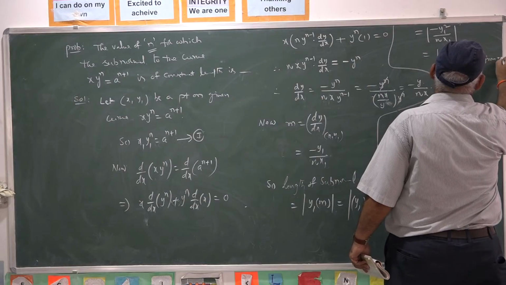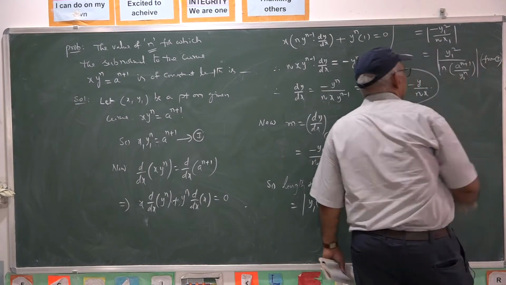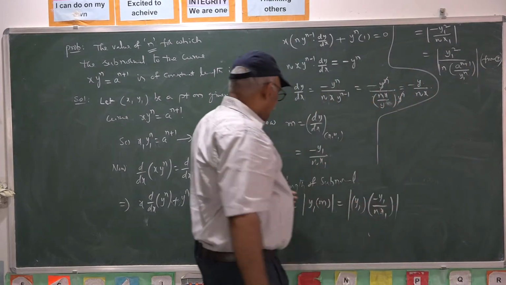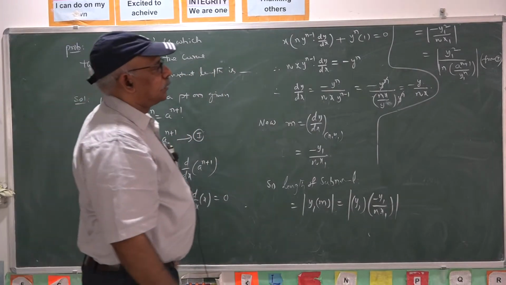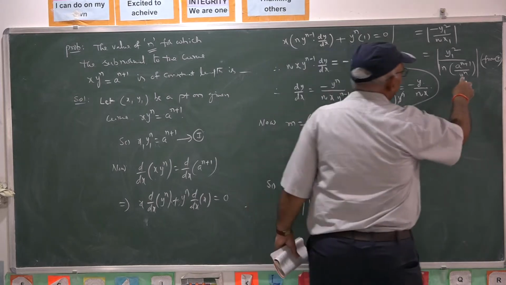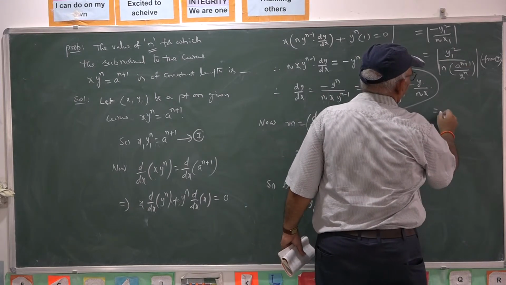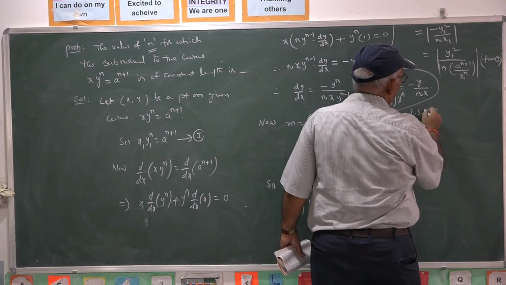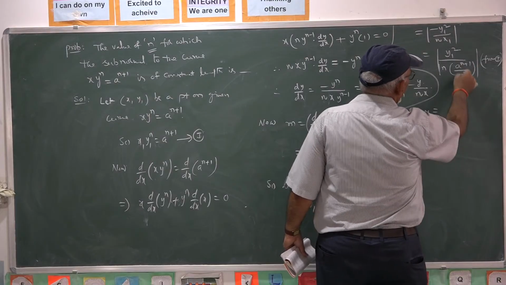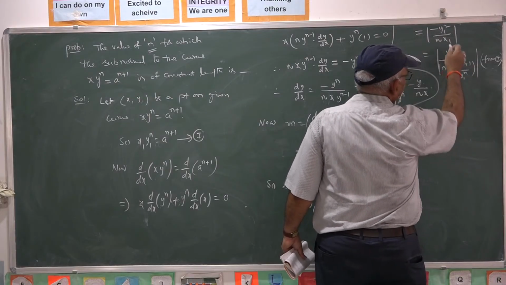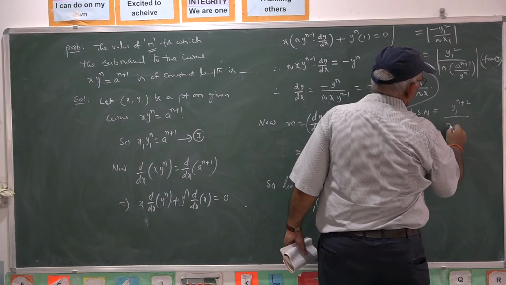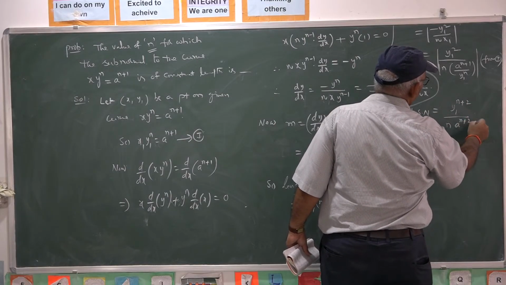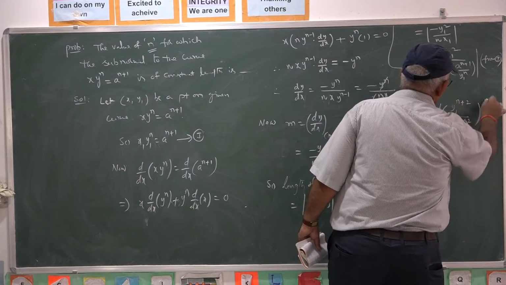I am just replacing x1 in terms of y1, so completely the length of the subnormal is written in terms of y1. So, y1 power n goes to the numerator. The length of the subnormal is y1 power n into y1 square, which is y1 power n plus 2, by n into a power n plus 1, with the modulus.